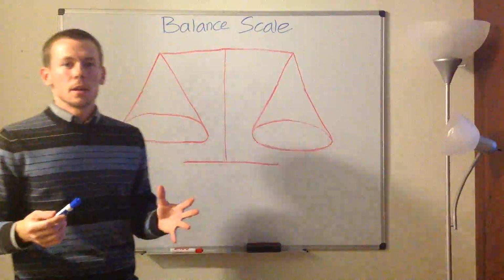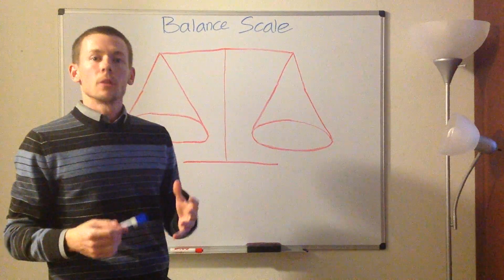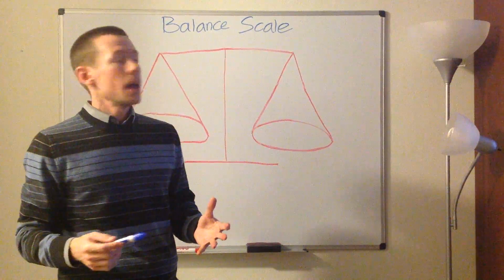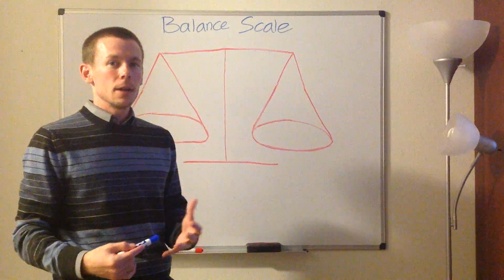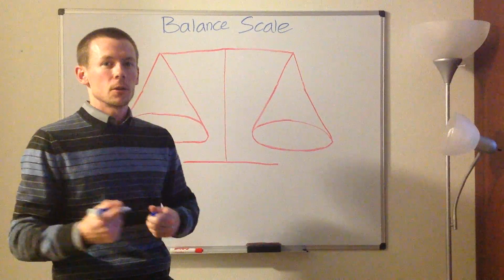So in this short lesson, we're going to start talking about solving equations. And two things we're going to begin with are the addition principle for equations and the multiplication principle for equations.